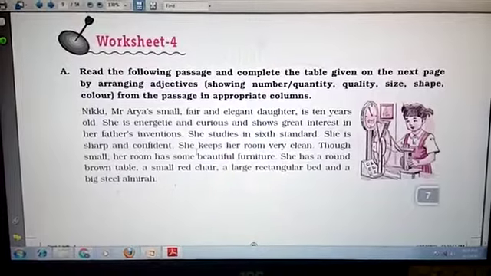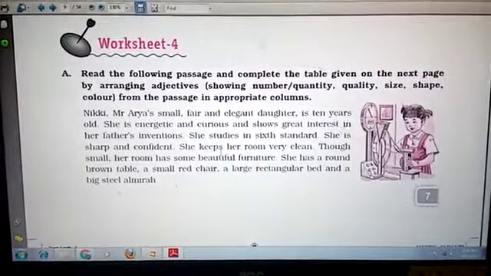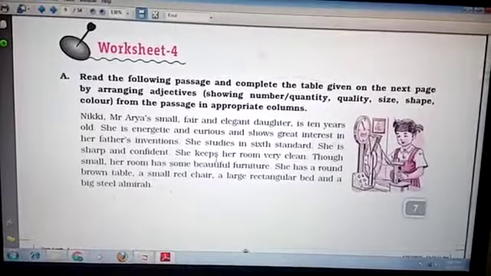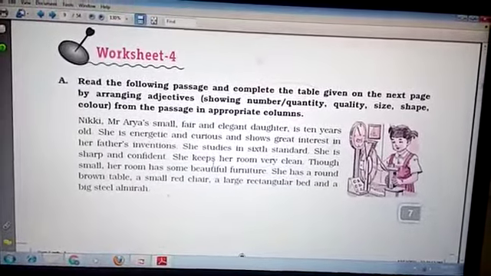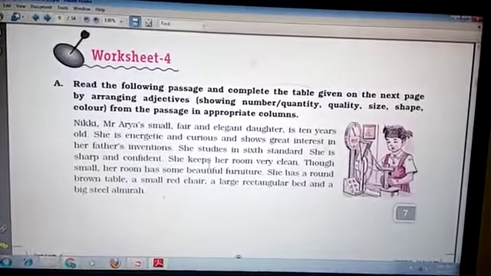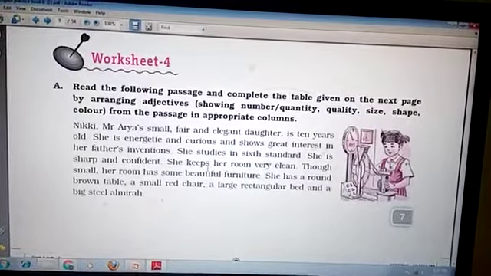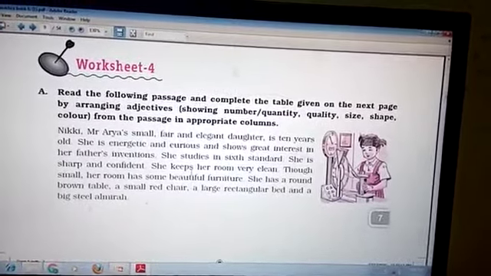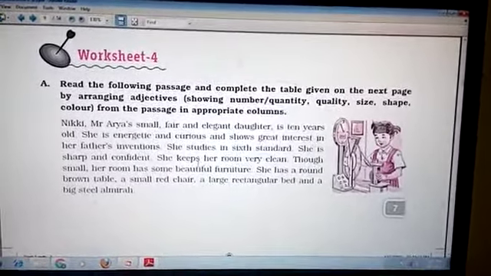We had studied the previous worksheets, worksheet number 2 and worksheet number 3 in the previous class, in which we studied the verbs and adverbs.